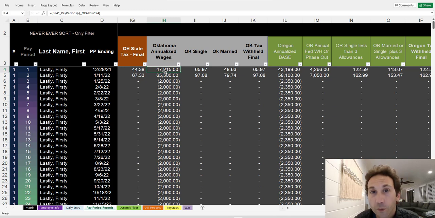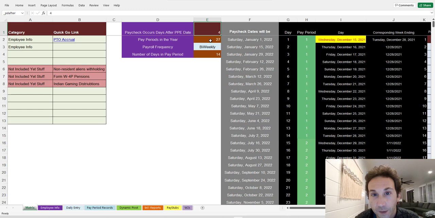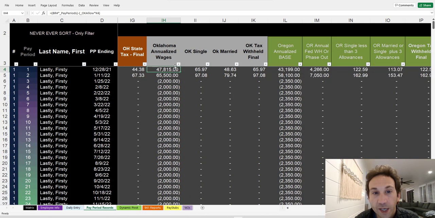You multiply their gross wages for the pay period times the number of pay periods in the year. We're looking at a biweekly version, so it's actually 27 periods this year, because there are actually 27 that fit in this 365-day year coming up. So you put the number of pay periods, then you have this annualized amount that's going to be getting taxed.